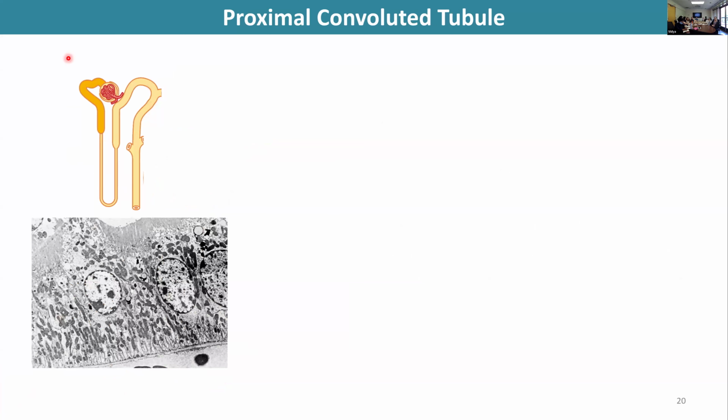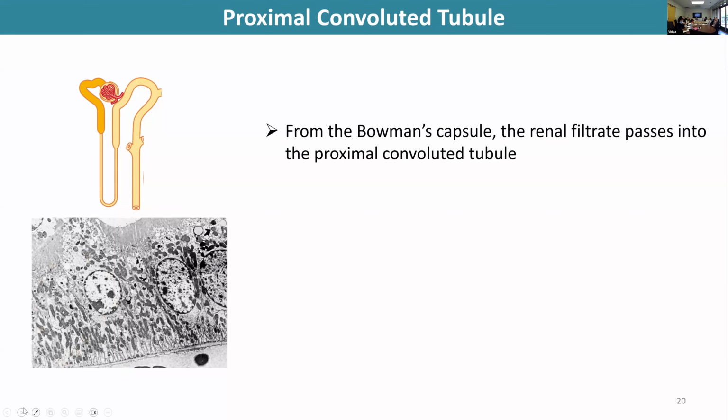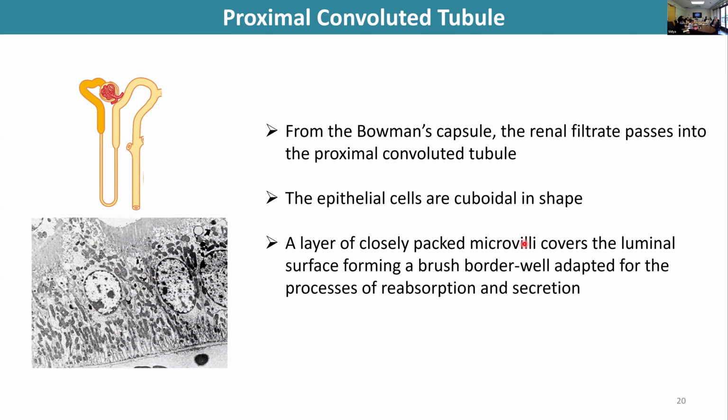So, the proximal convoluted tubule. Once we get the ultrafiltrate, the first part it goes to is the proximal tubule, right? The proximal tubule has cuboidal cells. The other important thing is this brush border structure.